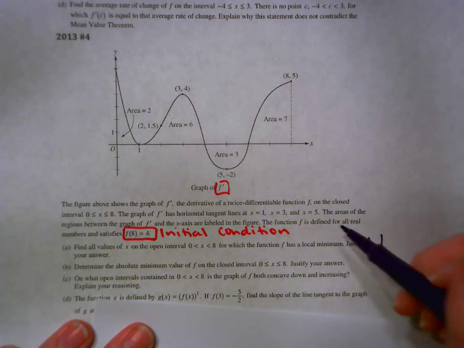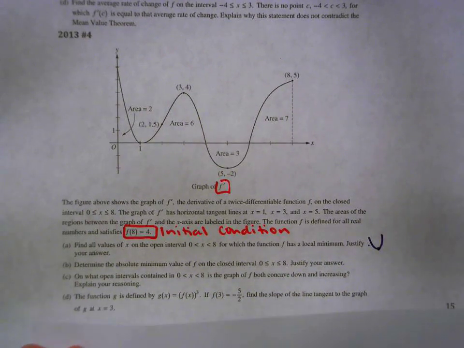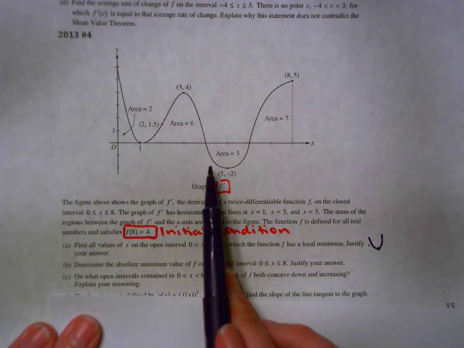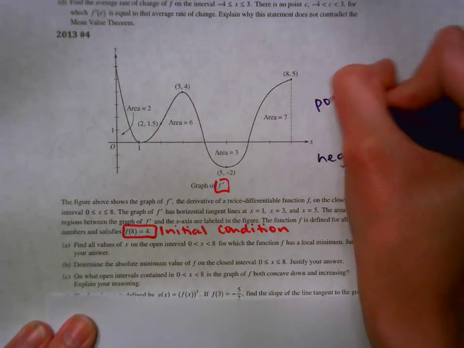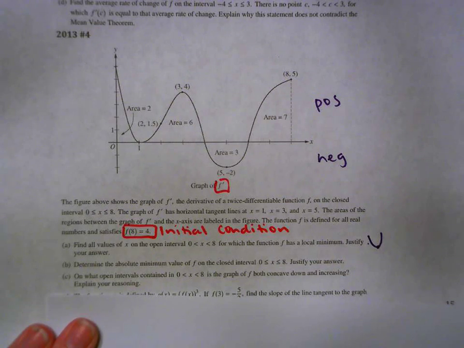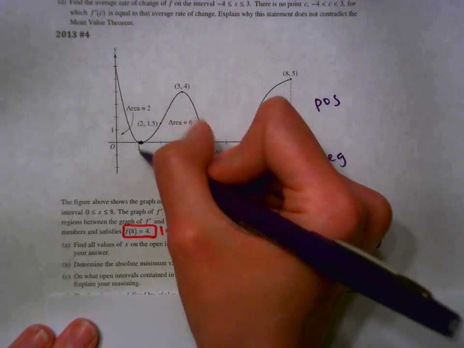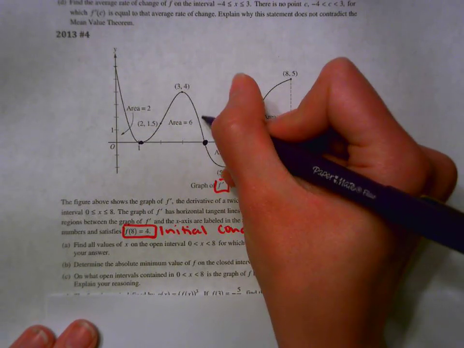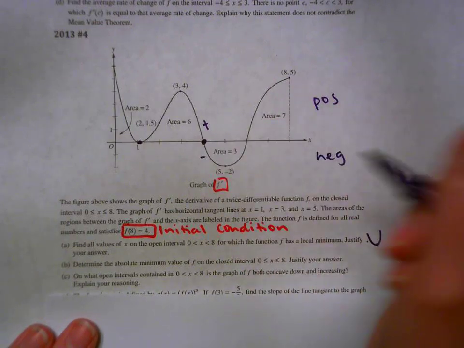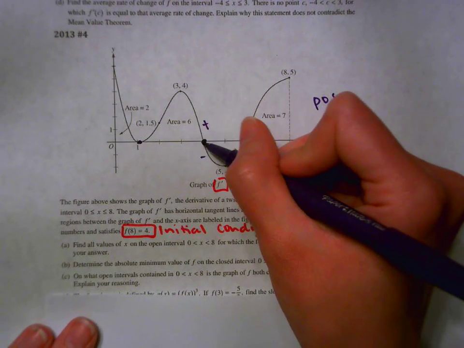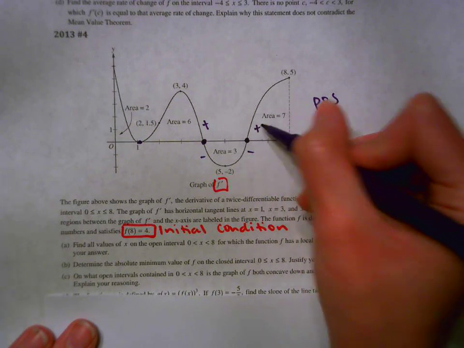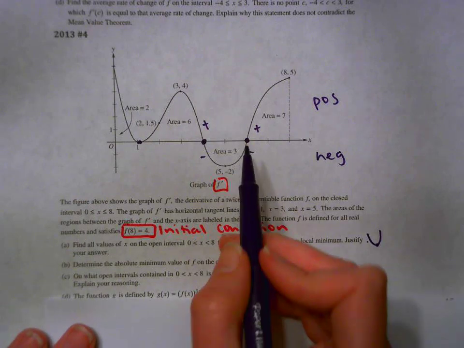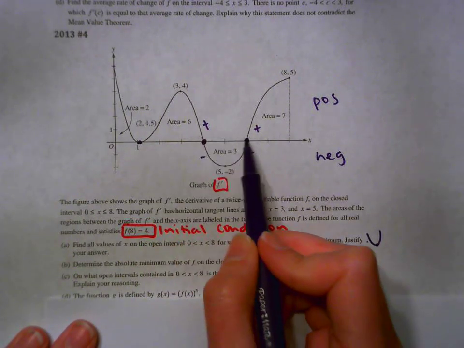So we want f prime to switch from negative to positive. f prime is negative beneath the x-axis and positive above it, so we're looking for an x-intercept that switches from negative to positive. This is an x-intercept, but it doesn't switch. This is an x-intercept, but it goes from positive to negative, so that would be a maximum at that point. This is an x-intercept that switches from negative to positive values. So what is that value? That is at 6.